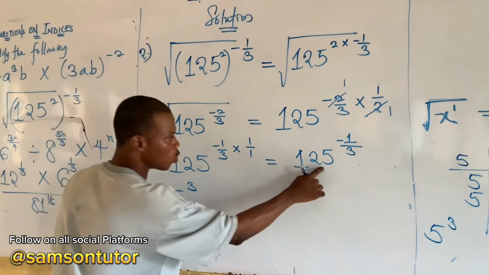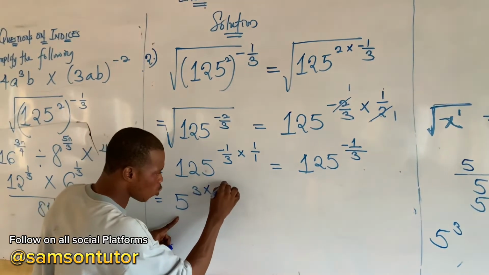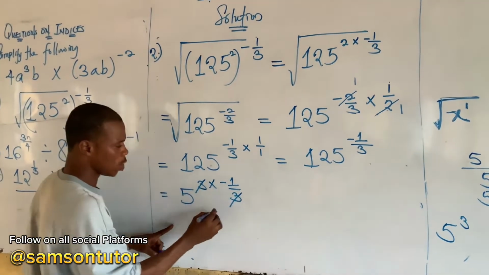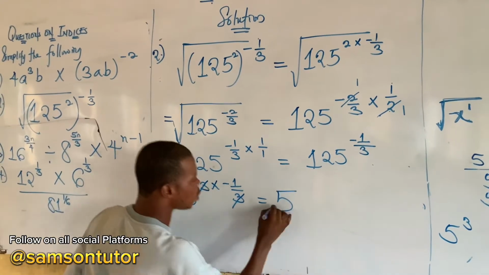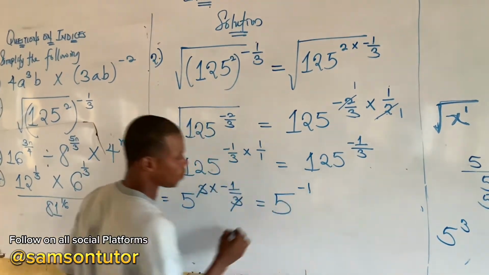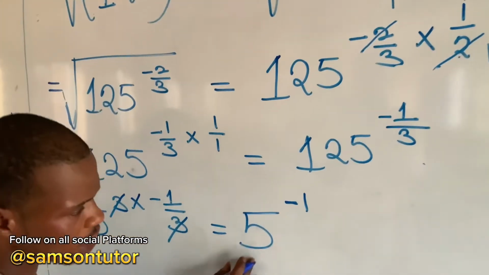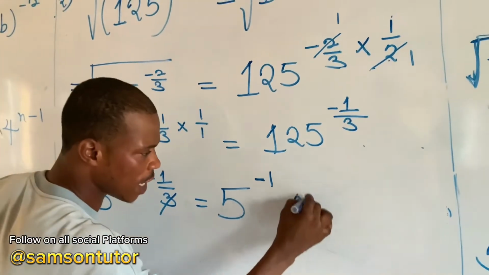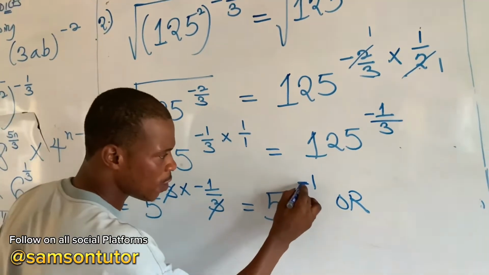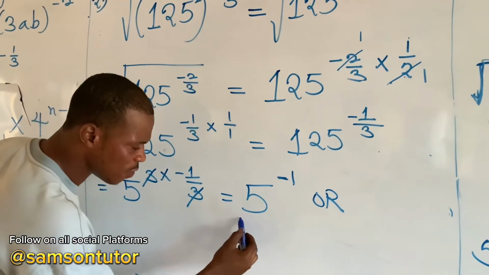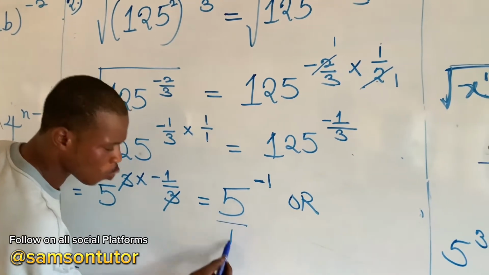5 raised to power 3 times minus 1 all over 3. So in this instance, 3 can cancel 3. So what do you have? You have 5 raised to power minus 1. Whenever you have a negative power, you can write your answer as 5 raised to power minus 1, or you tell them that in mathematics, all numbers have an invisible division by 1.